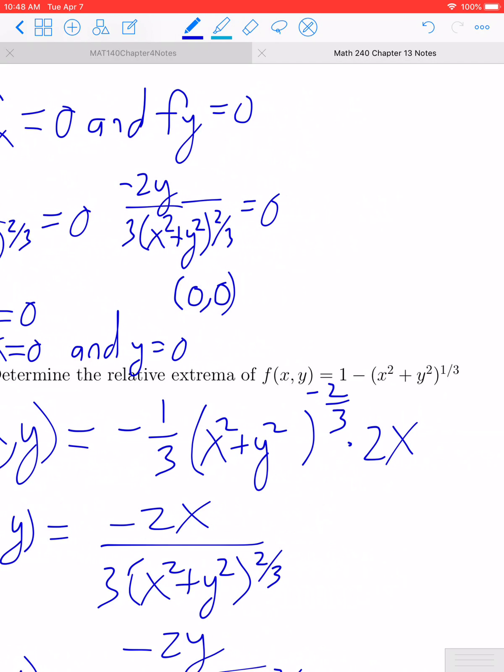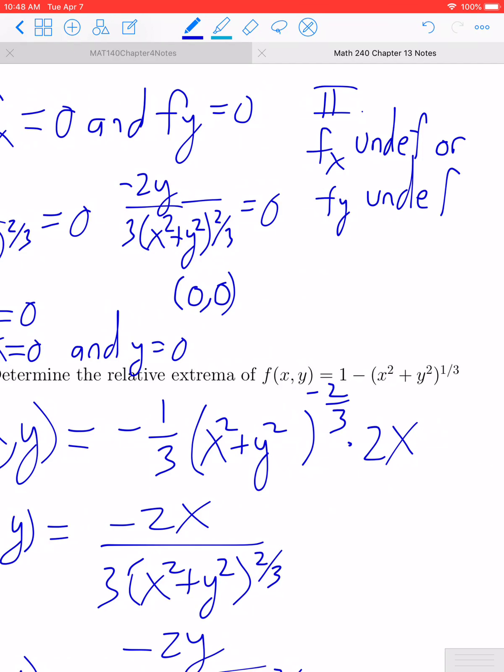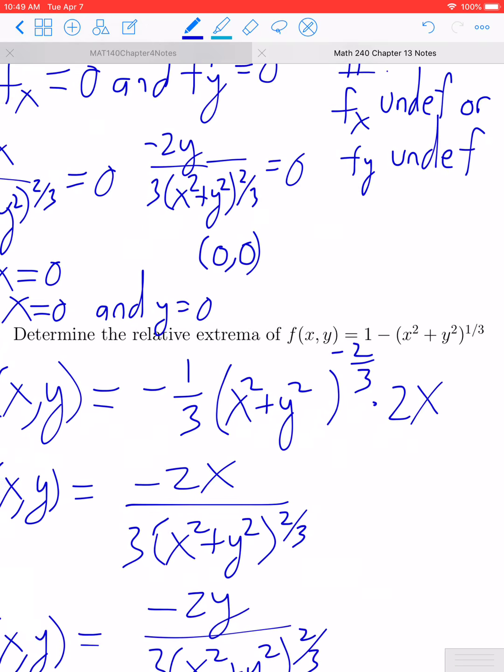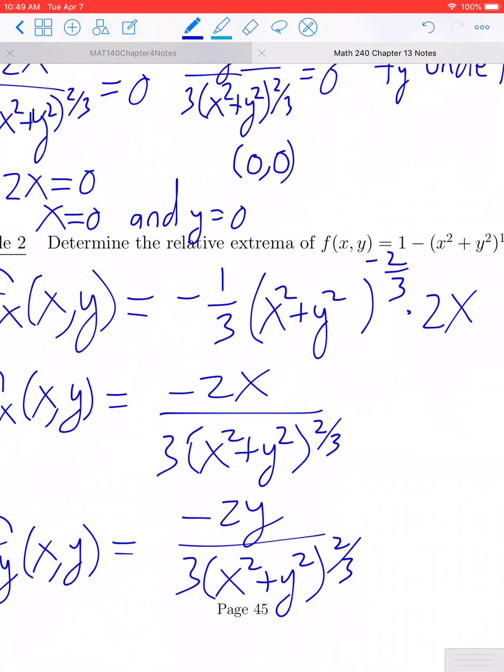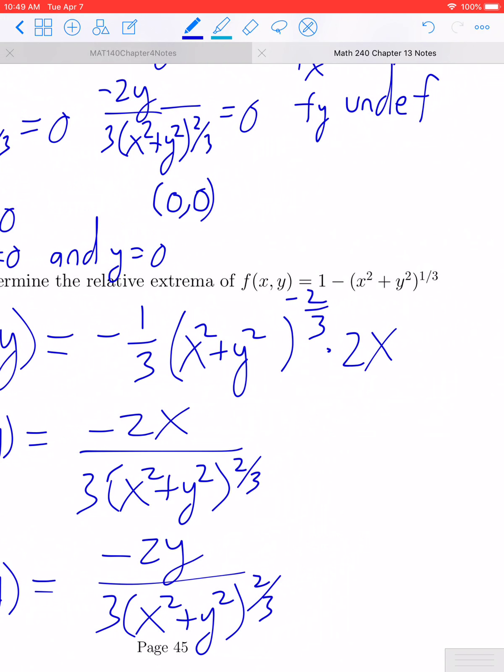Let's now look at the critical points of the second type. These would occur where either fx is undefined, or fy is undefined. Again, this is an or statement, it's not an and. These two partials, if you look at them, both share the same common denominator. So they're both going to be undefined whenever 3 times (x squared plus y squared) to the 2/3 power equals 0.